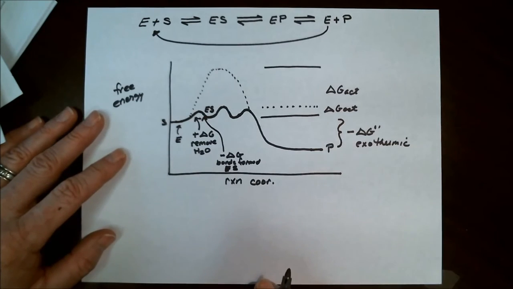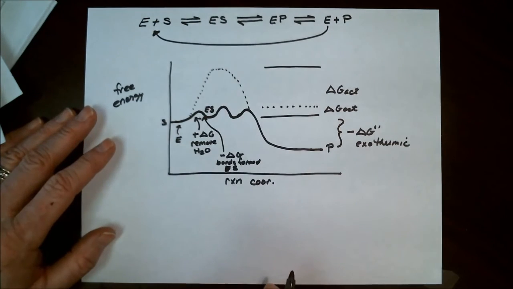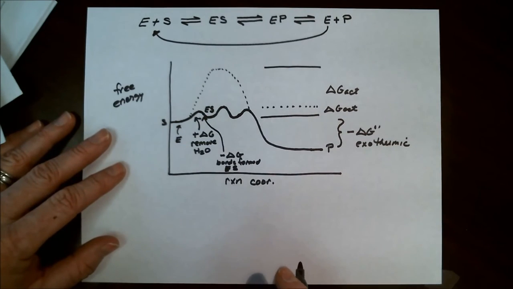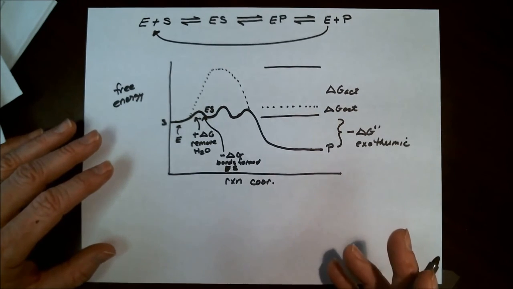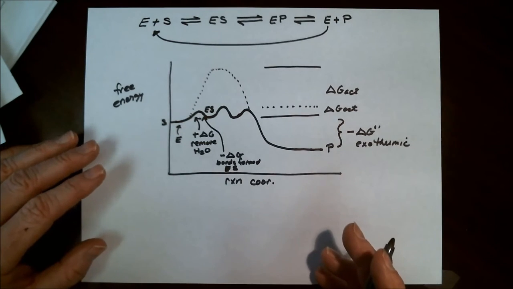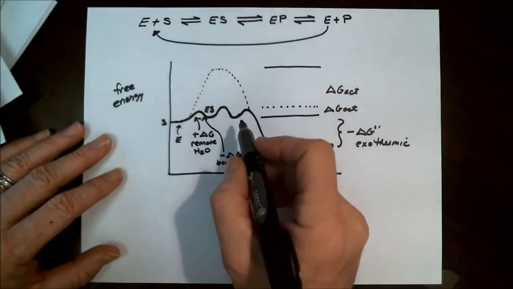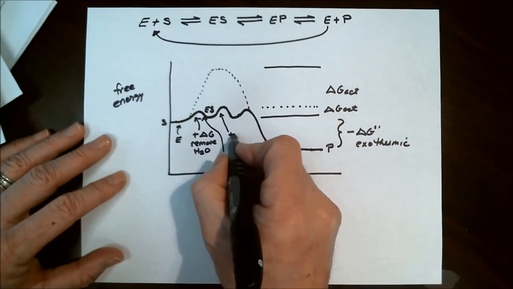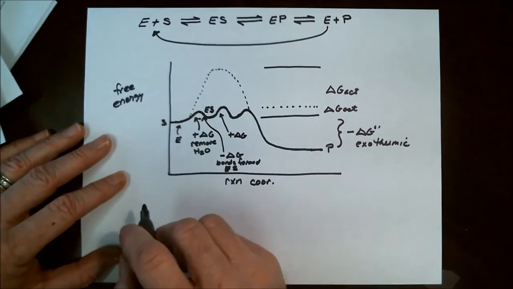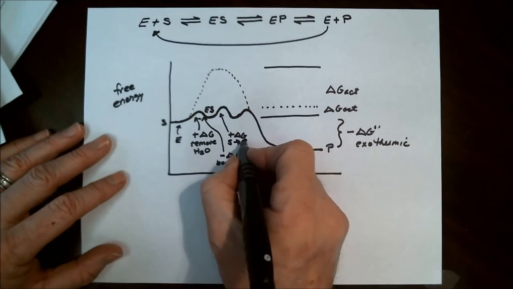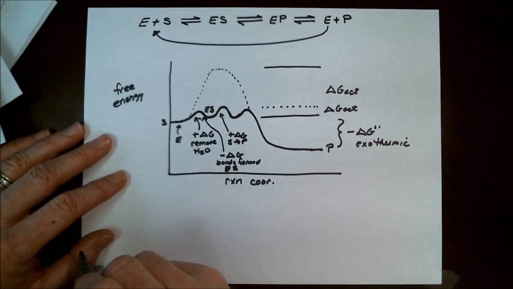Now the next step is the rate-limiting step, and that's the conversion of substrate to product. This is usually a chemical event, such as breaking a covalent bond in the substrate to release products, and that is going to take energy. So this will be a positive delta G, and this is the substrate to product conversion. That's an input of energy.